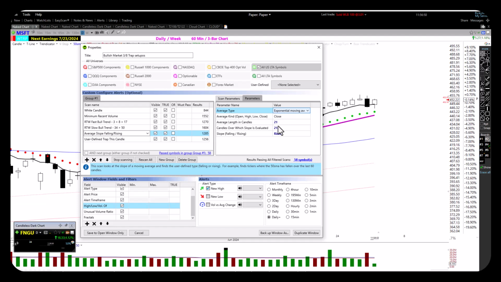Now, I would use this for now. If you want to adjust this, tweak it a little bit, that might make sense to me down the road. But for right now, this is what I would use. Just an exponential 21, and you want it rising for the past 21 days. Now, you can see here we have 58 picks, 58 possibilities.